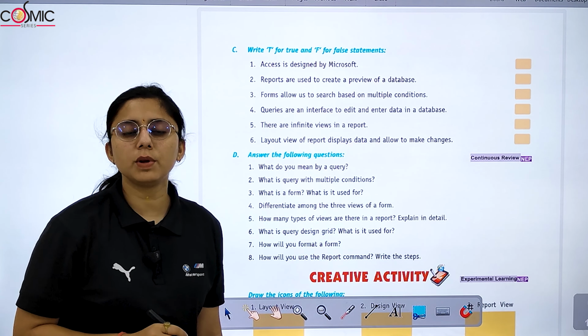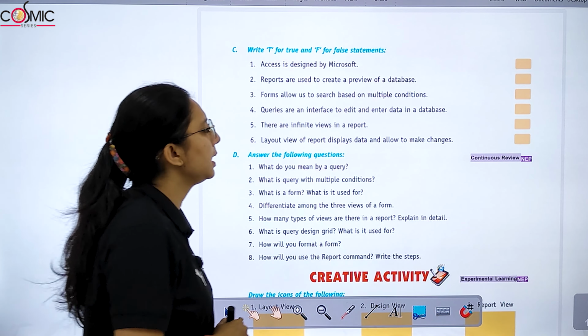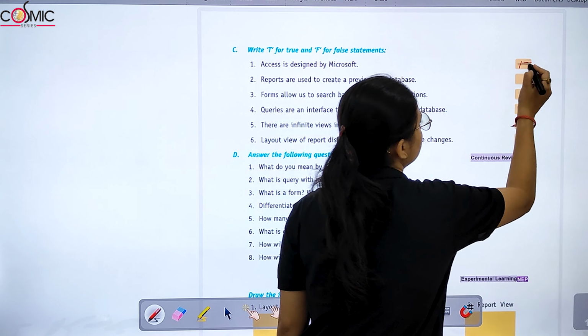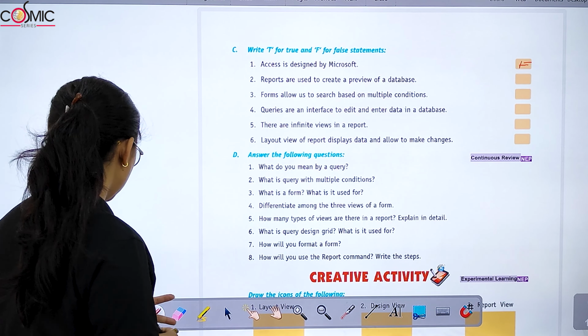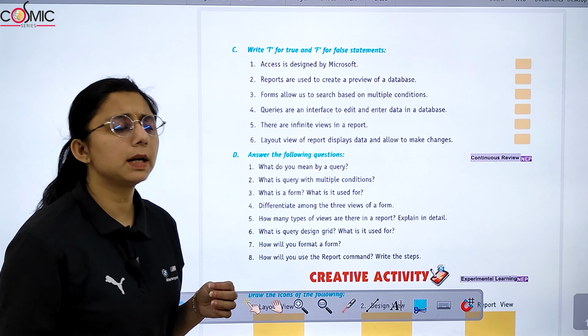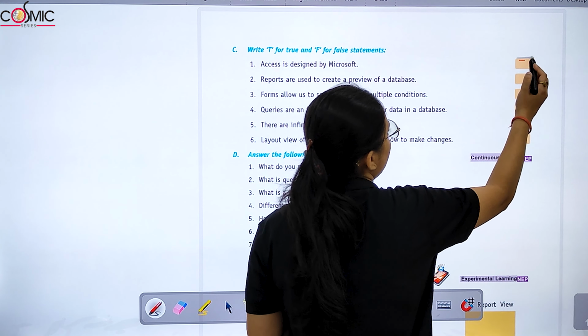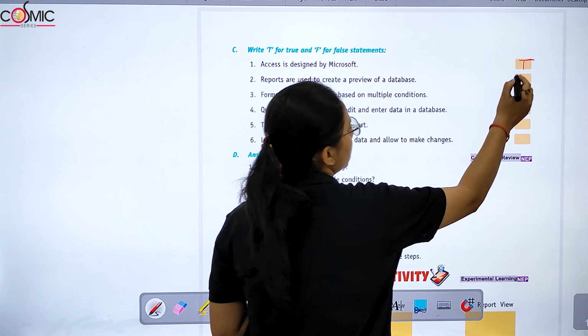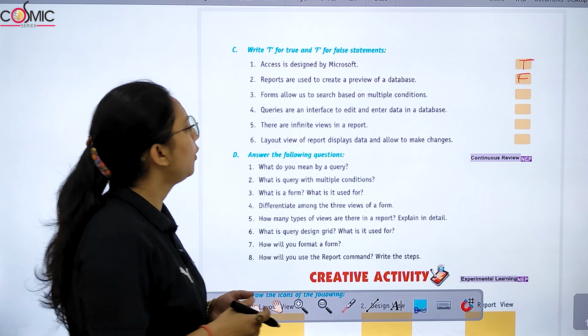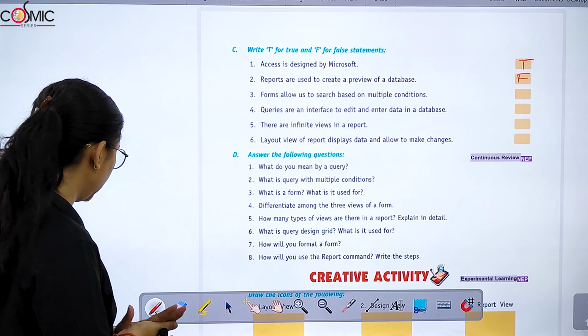Now write T for true and F for false statement. Access is designed by Microsoft. Reports are used to create preview of database. Access are designed by Microsoft, yes, because it is called Microsoft Access. Reports are used to create preview of a database. False. Forms allows you to search based on multiple conditions.